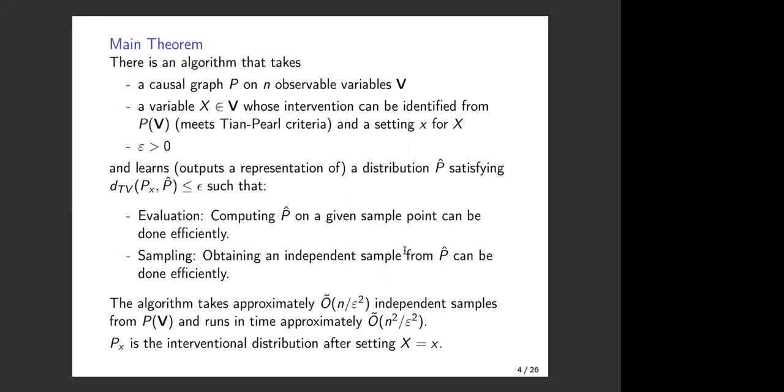And that representation has the property that you can evaluate and also sample very efficiently. And moreover, the algorithm has bounded complexities, and there are a lot of other parameters here. But right now, I'll just say that it takes approximately n by epsilon square samples and runs in n square by epsilon square time. Okay, so that's the main theorem.